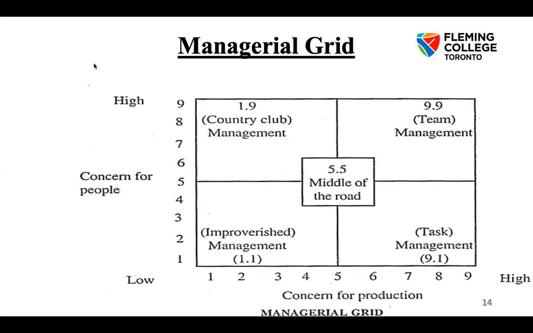So the left side is concern for people, like how you are thinking for people. And you can see down, it is concern for production. And you can see high and low.